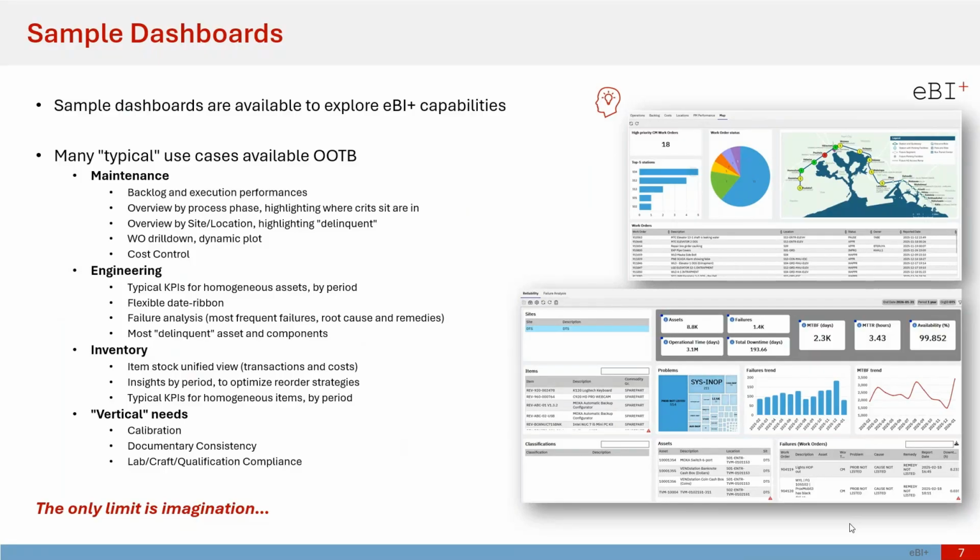And we also have built vertical dashboards for specific needs for our customers, like document consistency or calibration. We receive requirements and we implement them, because the platform and the solution is very, very flexible.